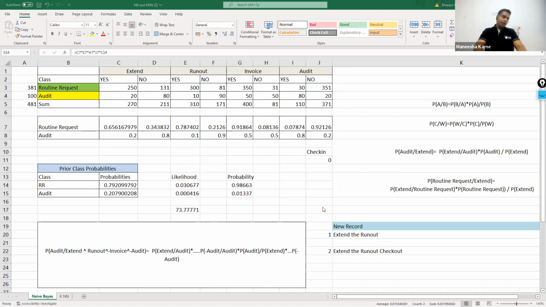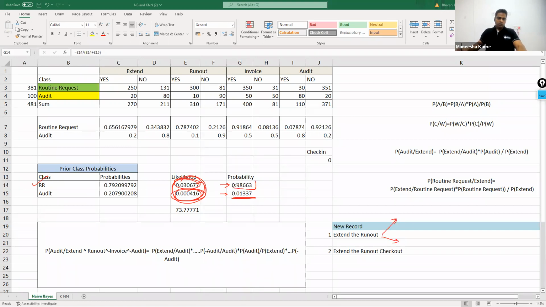In order to get your conditional probability, the formula is E4 divided by the overall count, which would give you the probability pertaining to routine request. Then if you look at this, it will be E15 divided by the overall. You get this. So by looking at this probability, to which request would you assign this?